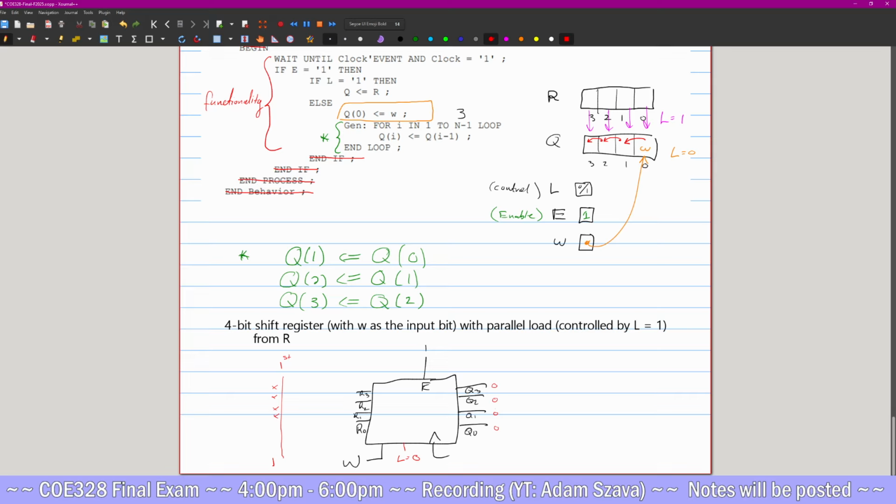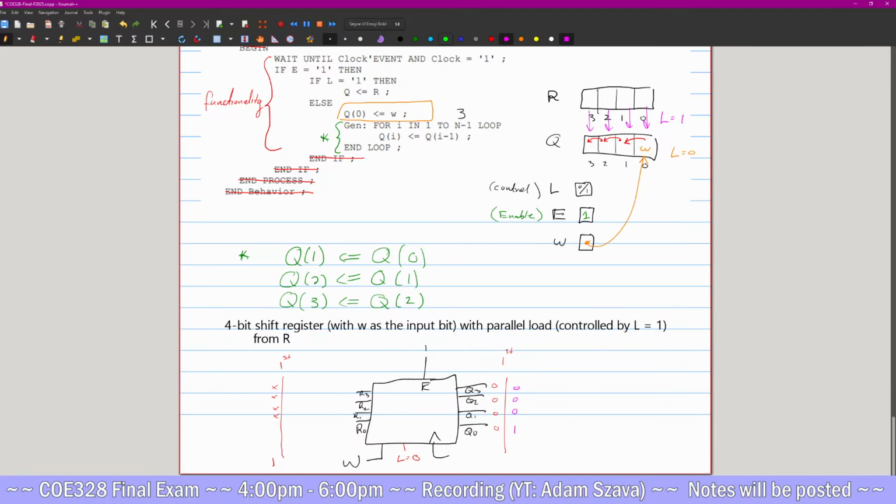Then after the first clock, it'll be 1, 0, 0, 0, right? Because that's the whole point of the circuit, that the value of W gets funneled into Q0 there.